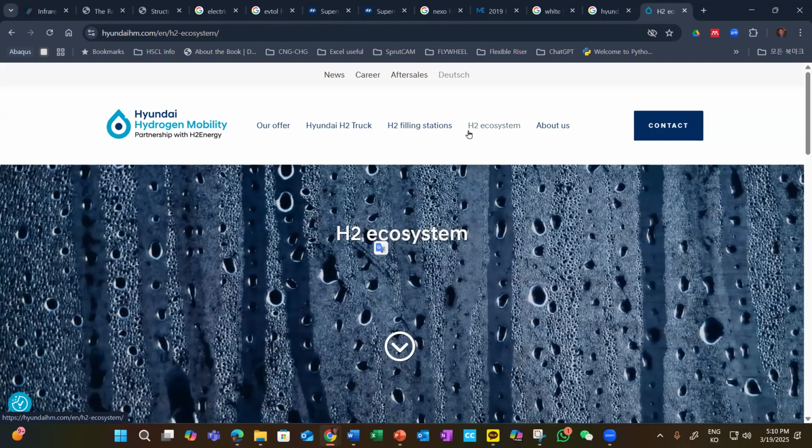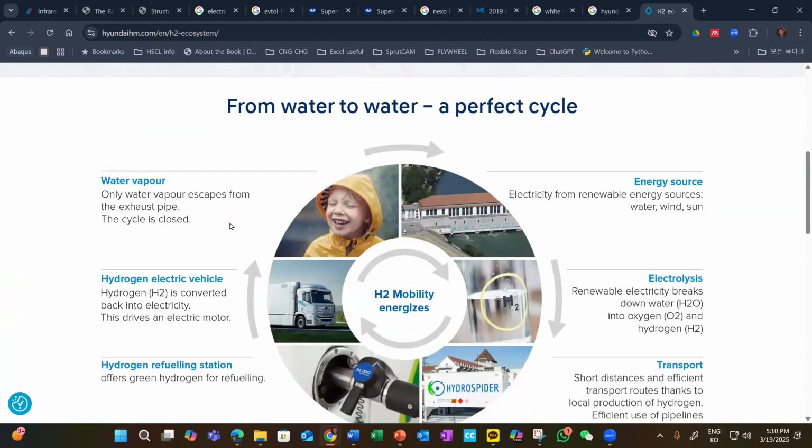So understanding current technology and what's going on out there, especially in Hyundai, as a leader of hydrogen transportation, we should study, we should prepare ourselves to get along with current technologies, especially led by Hyundai.